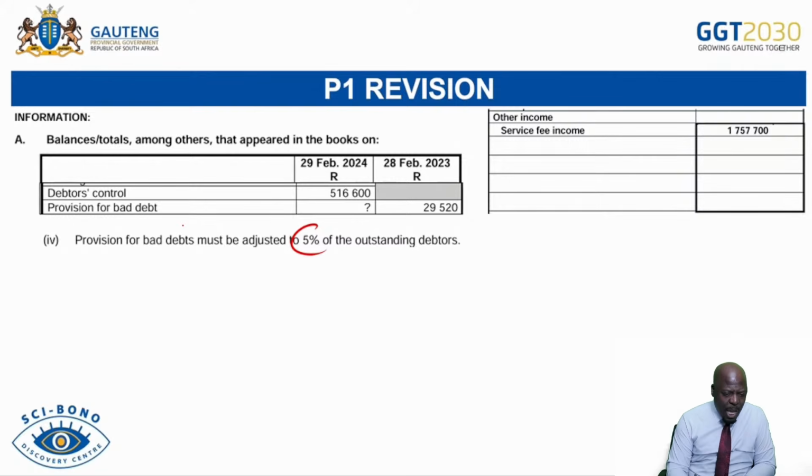Okay, so here we're told provision for bad debts must be adjusted to, so the key word here is to, 5% of the outstanding debtors. So our debtors are here. How much is that? That is 516,600. And we want to get 5% of that.